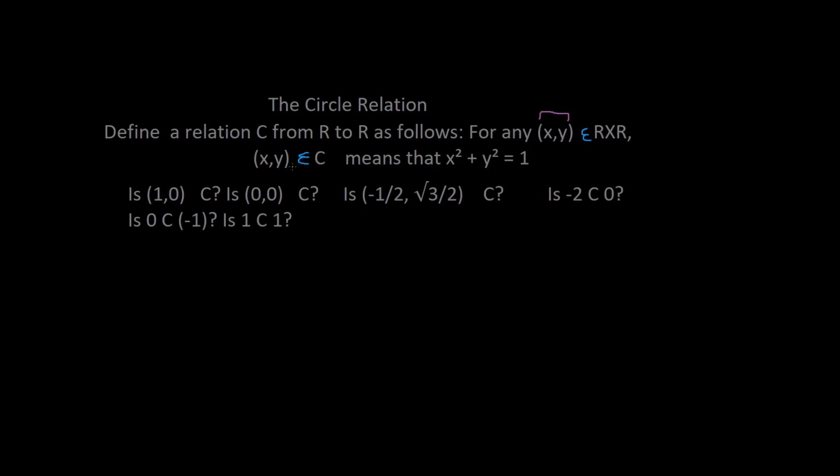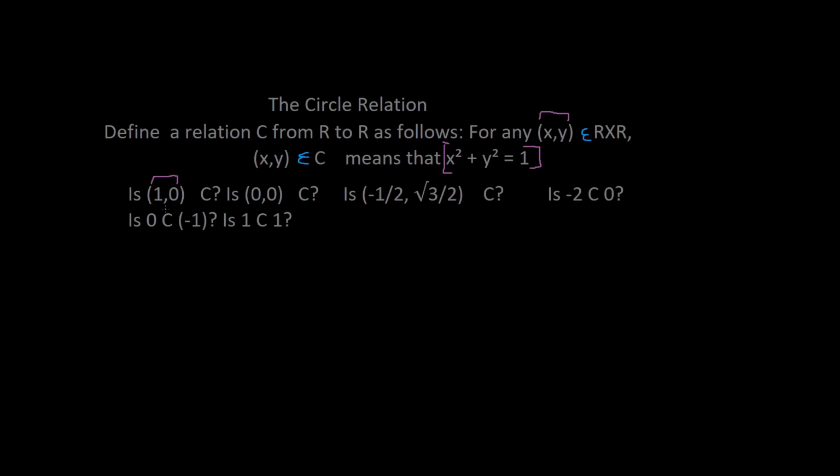It's trying to see if we could define a circle as a function. We all know that the circle is not a function, but for the sake of this problem, that's what we're trying to do. We're given some ordered pairs, and we have to plug them into our set equation.